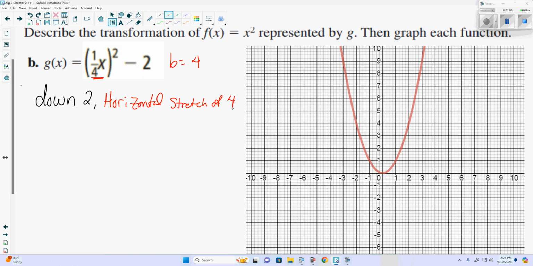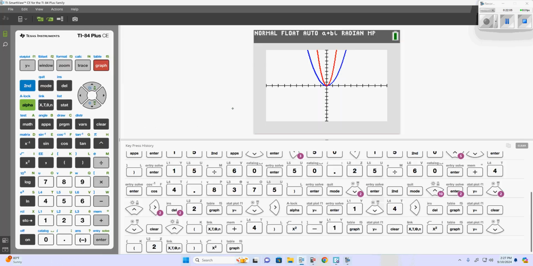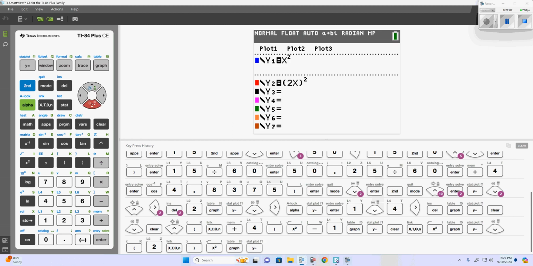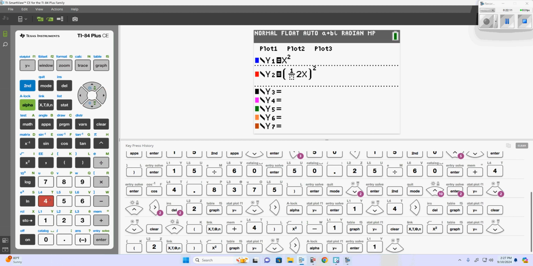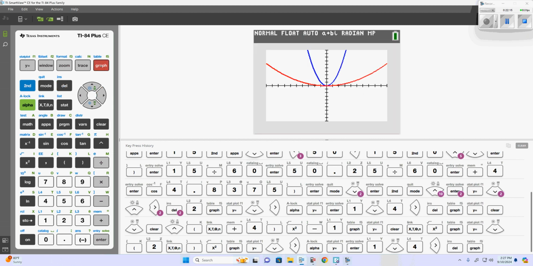So that means that 1/4 should make this graph open wider. And it did indeed.